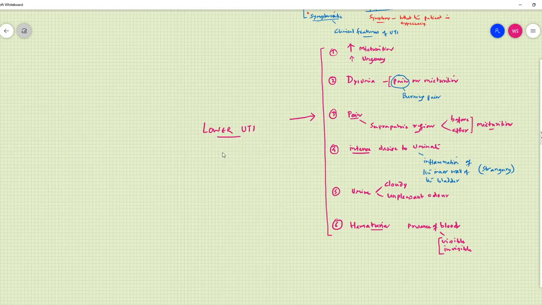We are talking about inflammation of the urethra, urethritis, and of the bladder, cystitis. So these are the clinical features of urethritis or cystitis.